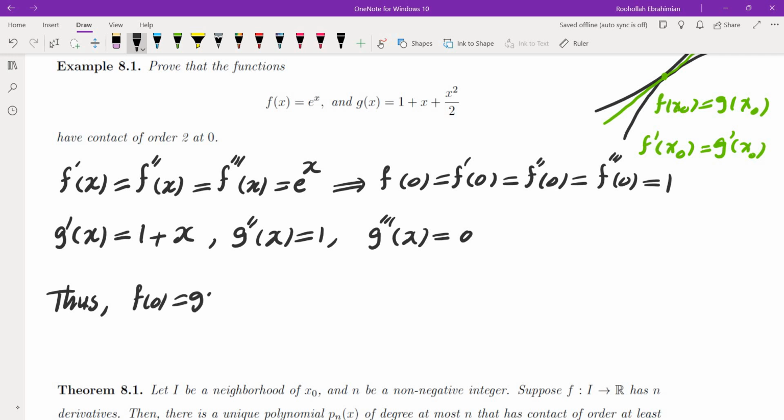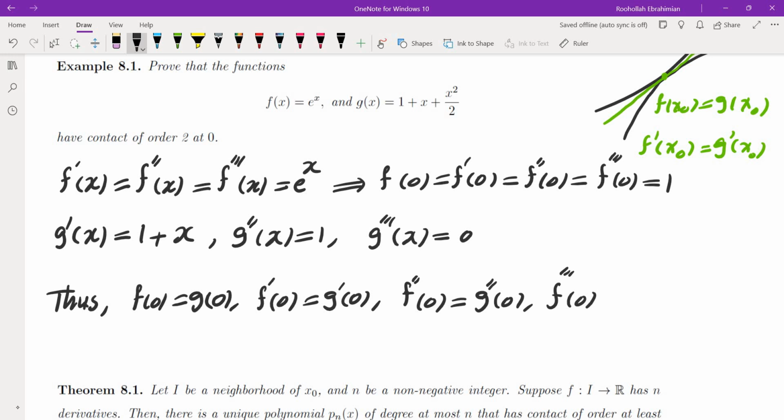So that means f of 0 and g of 0 are the same. F prime of 0 and g prime of 0 are the same. F double prime of 0 and g double prime of 0 are the same. But the third derivatives are not the same.